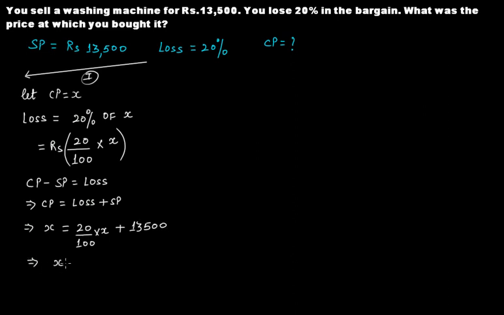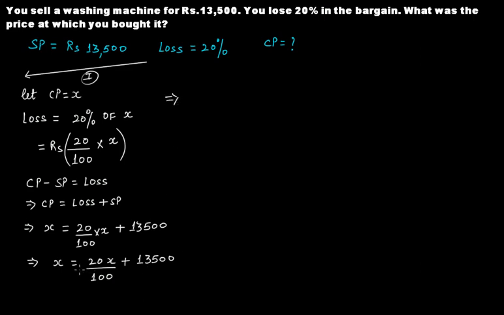Now let's solve this. This becomes X is equal to 20x over 100 plus 13,500. I'm solving it here.